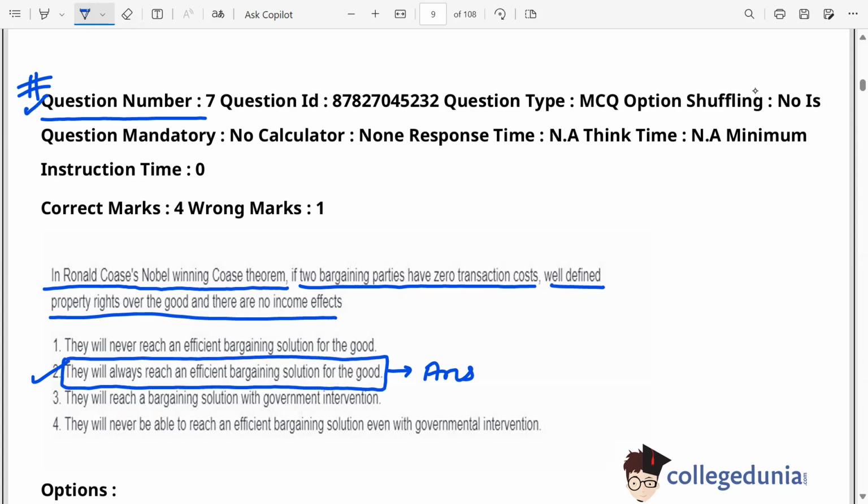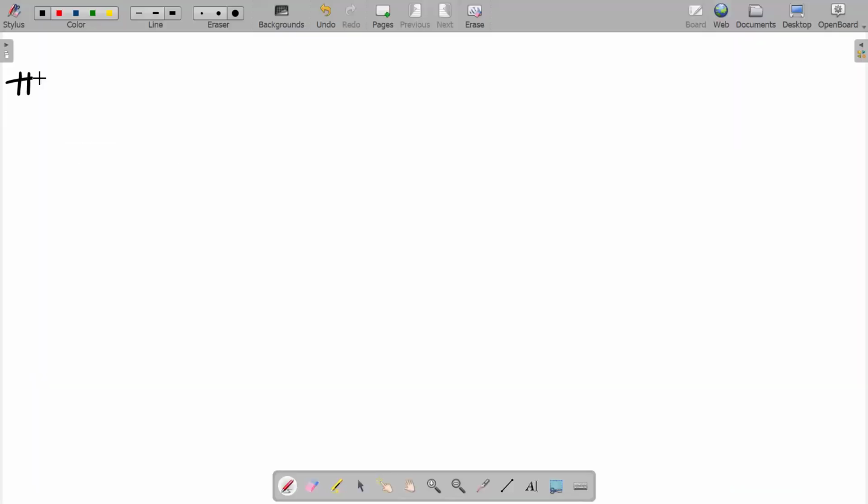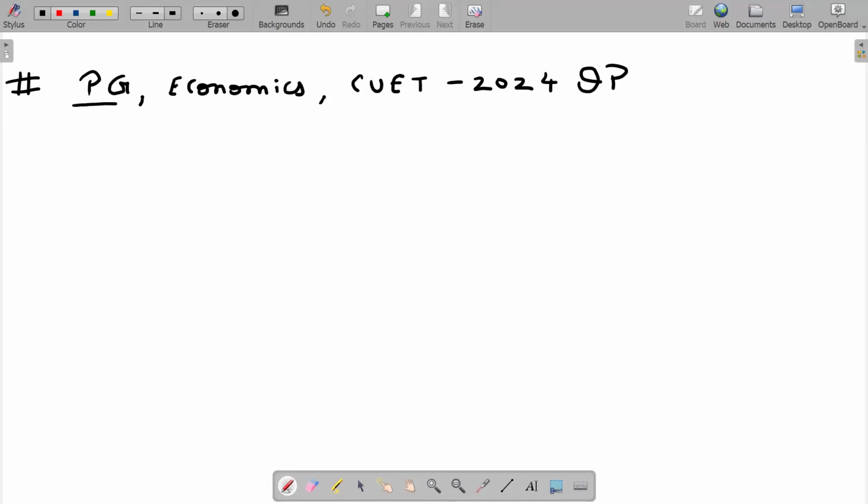I can quickly come to the whiteboard and make all students write the Coase theorem result. I am first writing the main heading for completeness: PG Economics CUET 2024 question paper, question number 7.